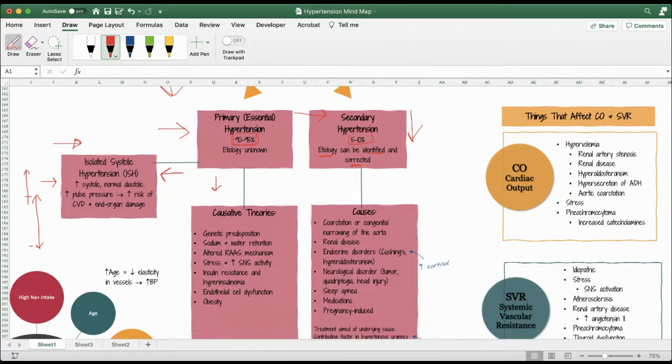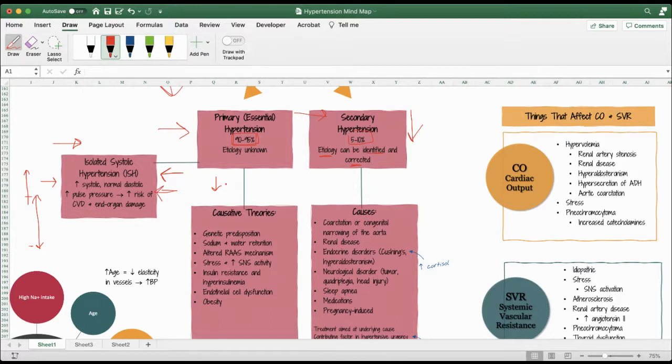Then it's relaxing to the point where the difference between that relaxation stage and that super contracted stage is so much that you're going to get more shearing damage and other damage on the blood vessels as the blood's just being pushed out so quickly, right? So that's why this isolated systolic is a little bit of a worry.